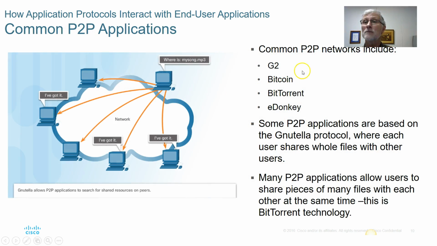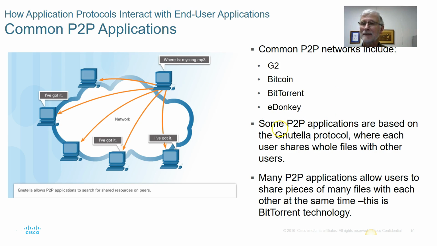Now, some of the common peer-to-peer ones are Gnutella, Bitcoin, BitTorrent. All of these are ones you've probably heard of, Bitcoin more than anything else. But guess what? It's based on a protocol. I couldn't even pronounce that. Gnutella. Yeah.